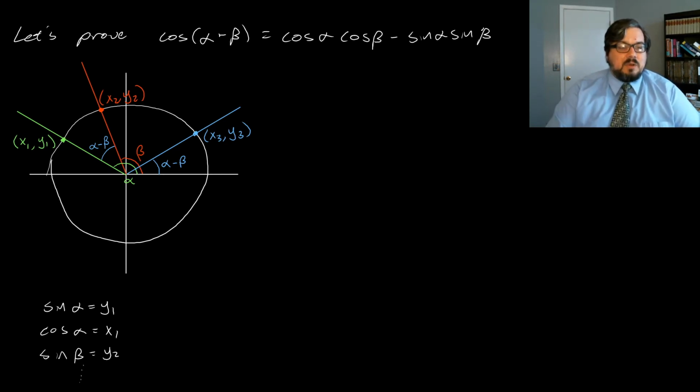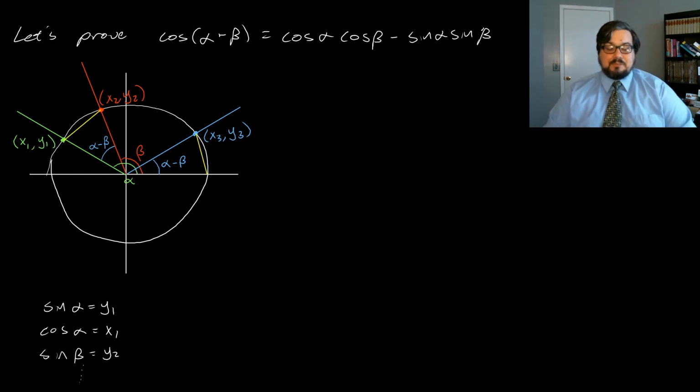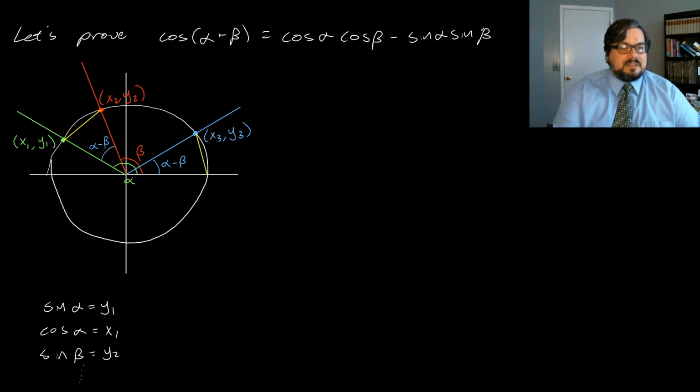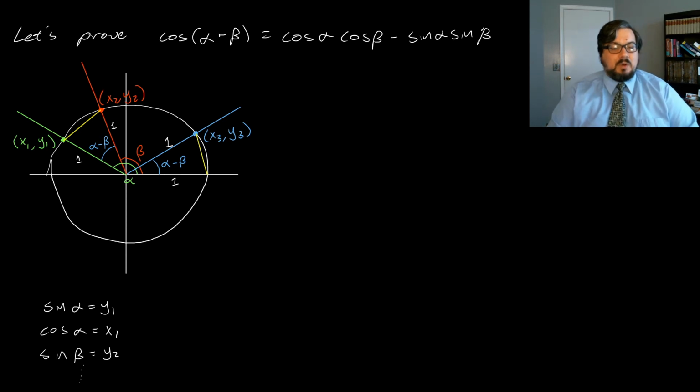The next thing I want to note is that this distance and this distance have to be the same. We're looking at a couple of triangles here with side lengths of 1. We're still looking at the unit circle, so all these side lengths are 1.